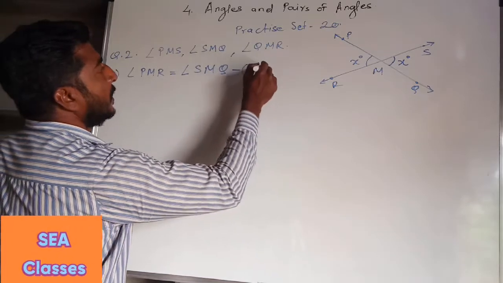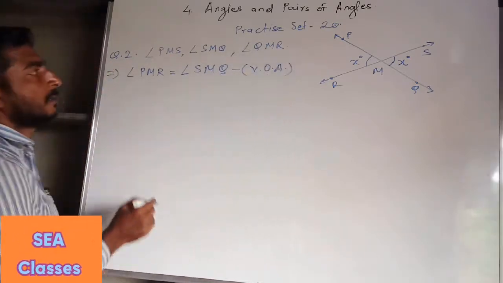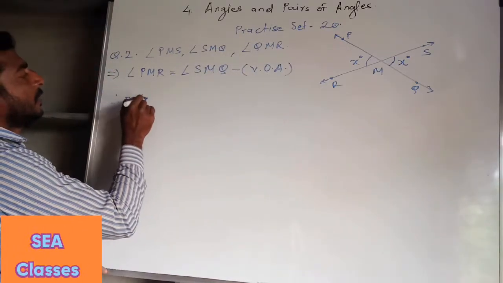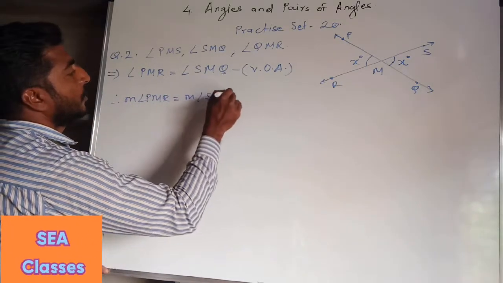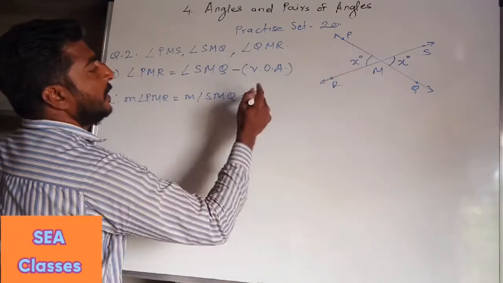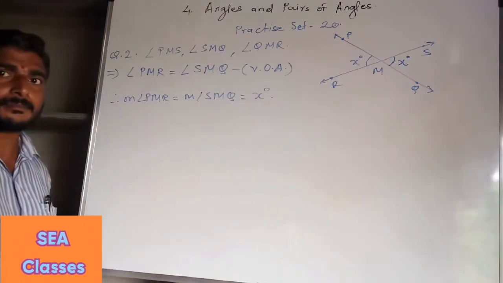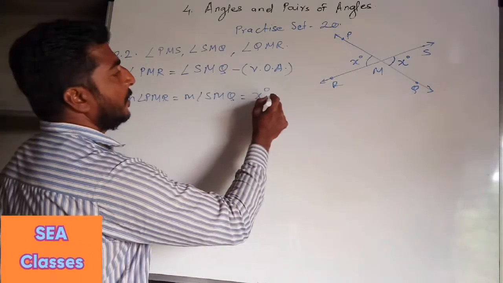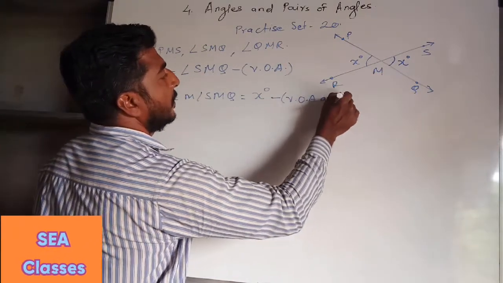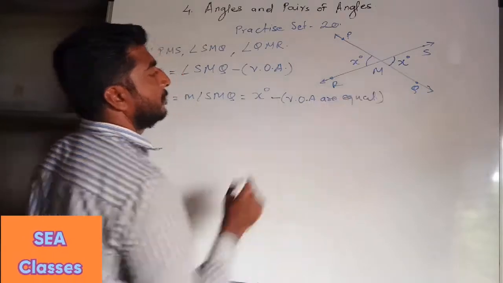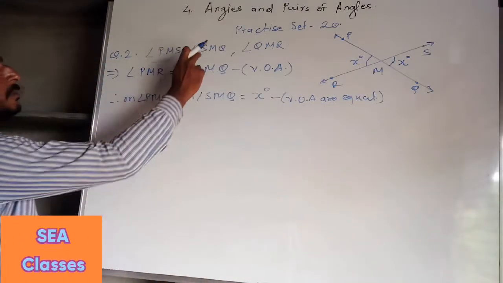Why? Because they are vertically opposite angles. Therefore measure of angle PMR is equal to measure of angle SMQ, and that is equal to how much? It is given x degrees. Because vertically opposite angles are equal. So you got one of these angles.